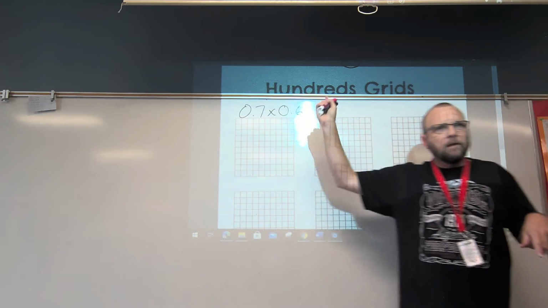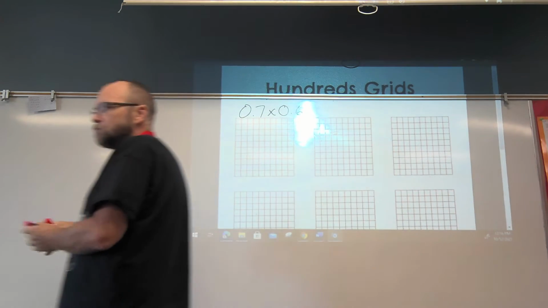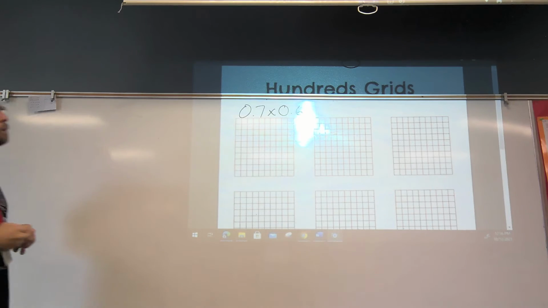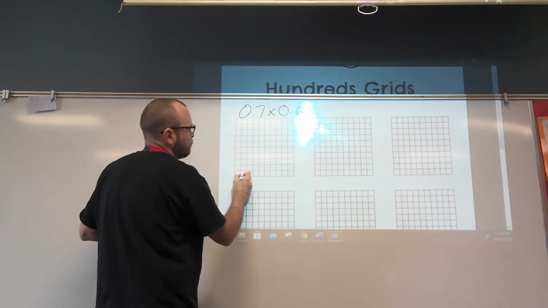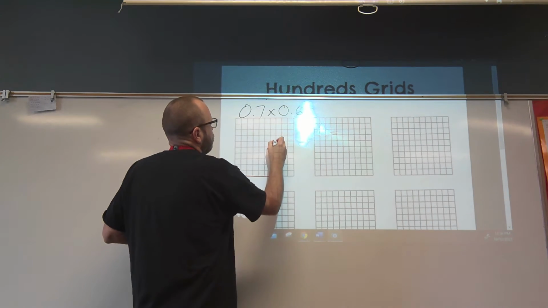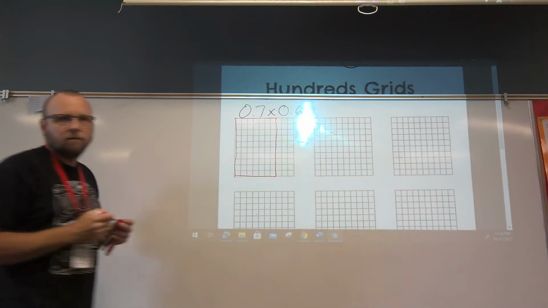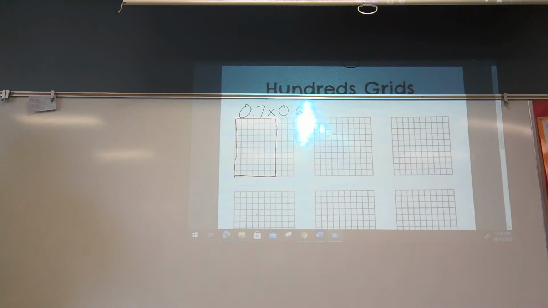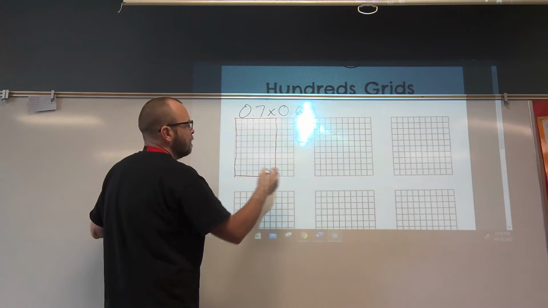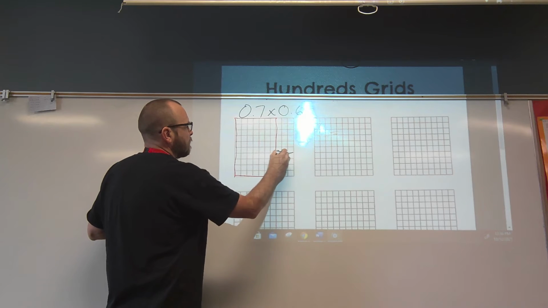Anytime they do that, you're going to be multiplying tenths, and you're going to get an answer in the hundredths. Now, the way this works is you take your first factor, which is 7/10, and ideally we would shade in this 7/10, but I want you to be able to see it. You take your second factor, which is 6/10, and you do it the opposite direction.